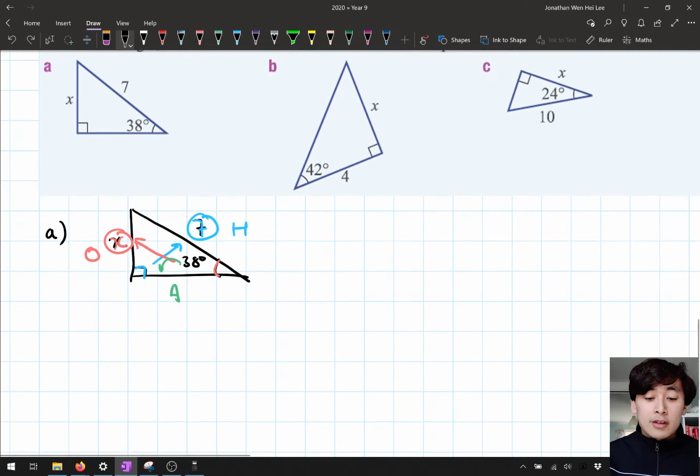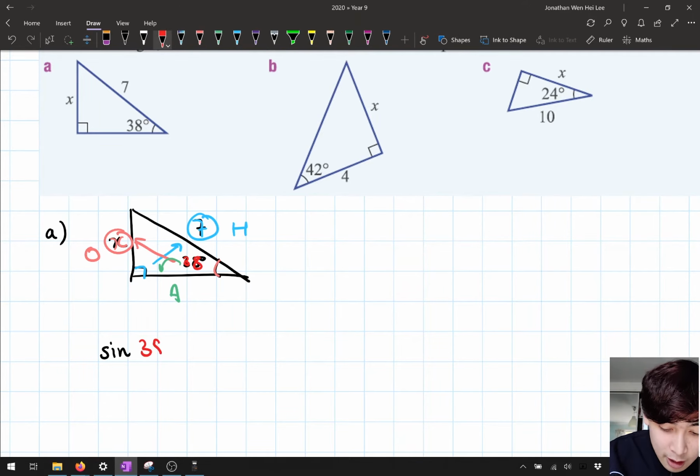Okay. Now that I've done that, I'm going to write the equation involving my trig ratio. I'm using sine. Usually in the past when we were doing these questions, we would write sine theta. But instead of theta, I actually know the angle. What's the size of the angle for this question? Well, the angle has a size of 38 degrees.